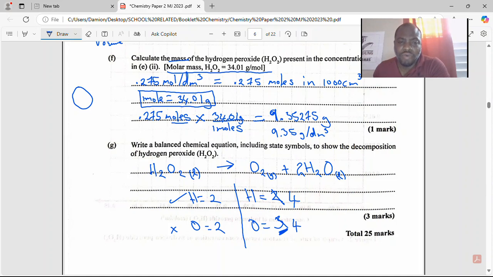Now we want to get these to 4, so we put a 2. So 2 times 2, 4. 2 times 2, 4. And so this would have been our balanced chemical equation. And so we earned our 3 marks putting in the state symbols. All right.